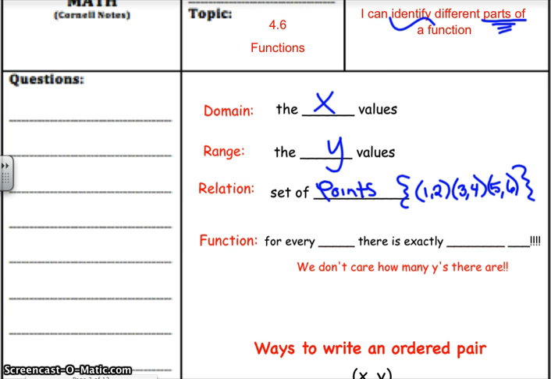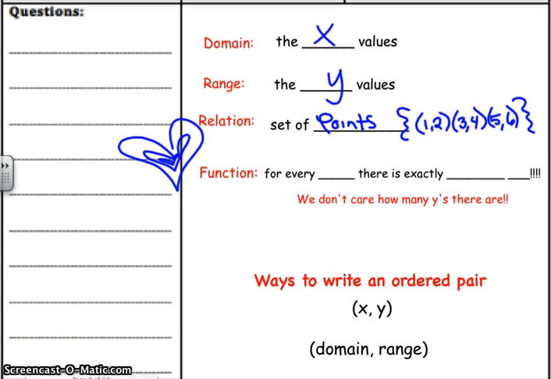This is a biggie. Put some kind of bullet by it. I don't care how you make your bullet, but you need to know the definition of a function. A relationship is a function if for every x value, there is exactly one y.